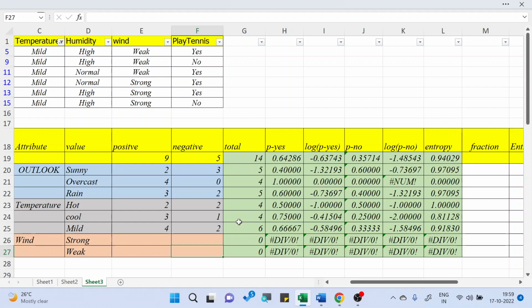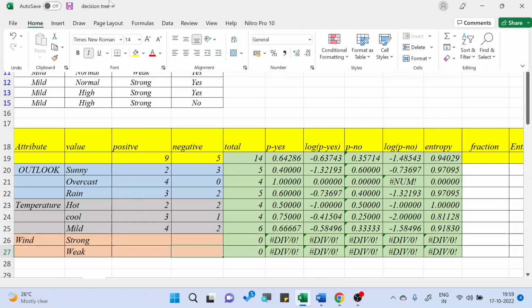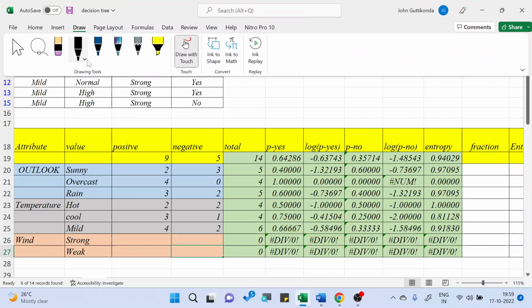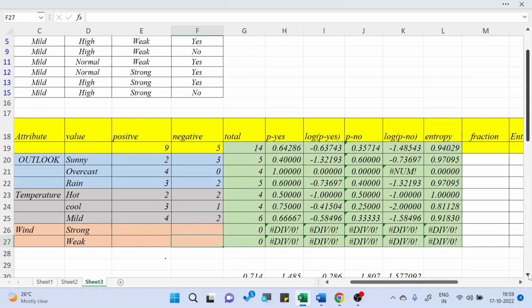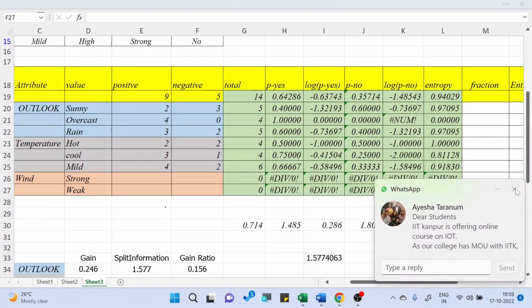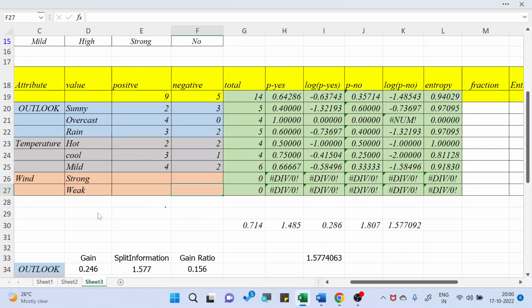So what is the information gain of the temperature? Information gain of temperature is total entropy 0.940 minus the fraction of hot, 4 examples out of 14, into entropy of hot.